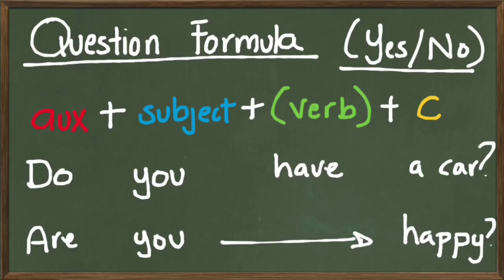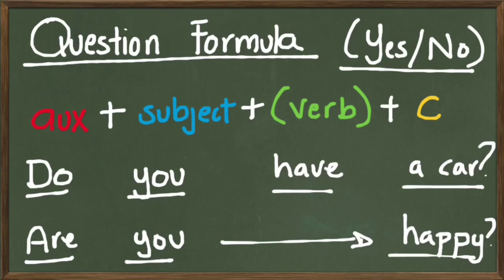So I have two examples. One in which we use a verb and the other one in which we don't. Okay, so the first example is, do you have a car? Do is our auxiliary, you is our subject, have is our verb, and a car is our complement. In the second one, are you happy?